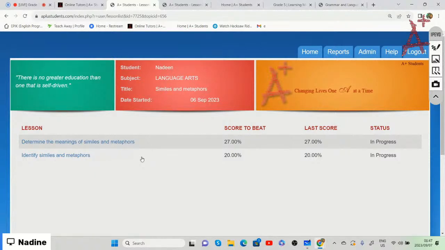And remember, when it comes to similes, we are comparing more than one thing, and similes use words like or as within the sentences, whereas metaphors do not do that. So basically, that is the end of our lesson on similes and metaphors.